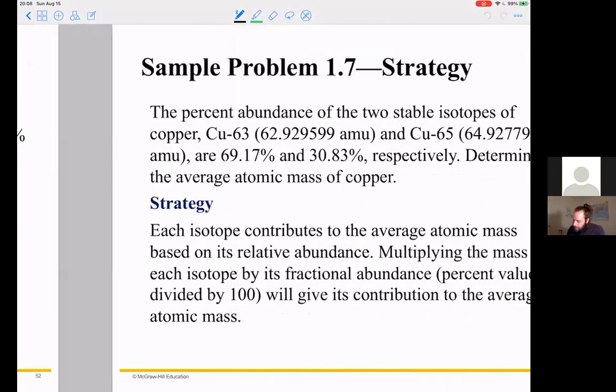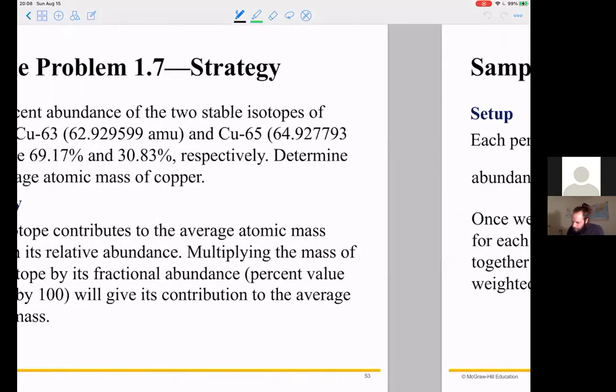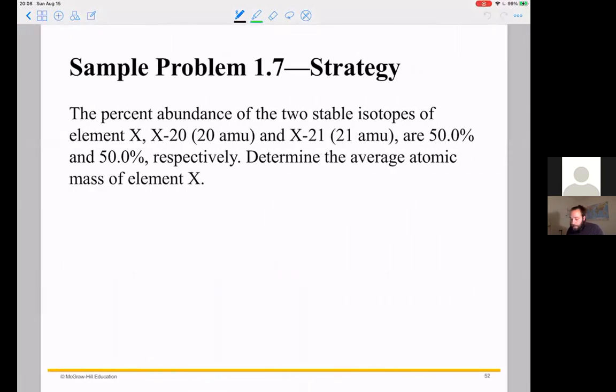All right, but now let's get into the more complicated type of problem here. And the first thing I wanted to do is use really clean numbers, because I think one of the things that is really hard to wrap your head around with these problems is just how ugly those numbers look, right?